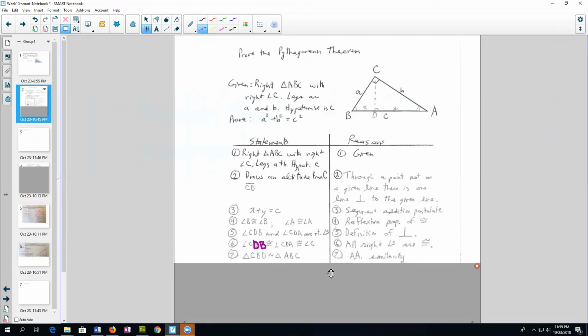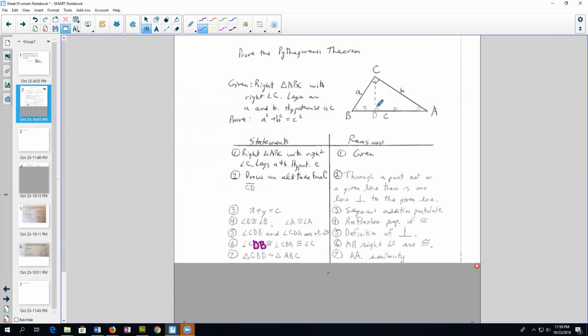The left-hand triangle, triangle CBD, is similar to triangle ABC, the large triangle. Notice the corresponding order of the letters, which is important. I'm starting with the small acute angle.